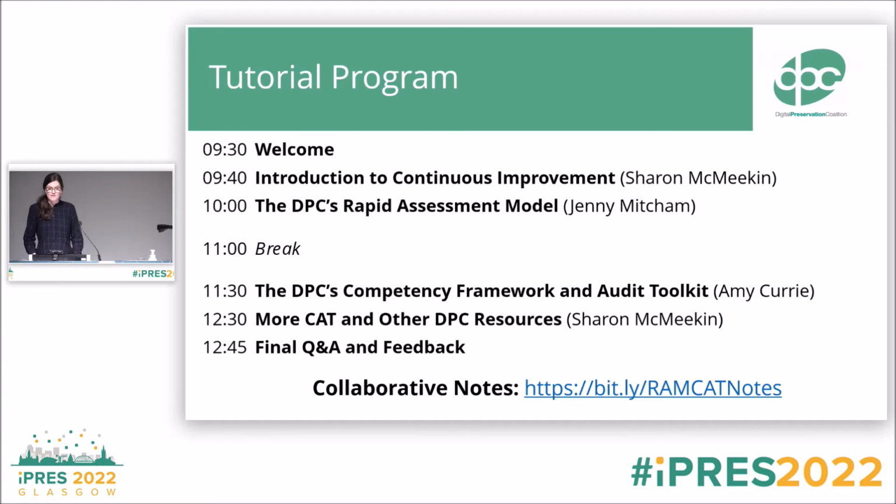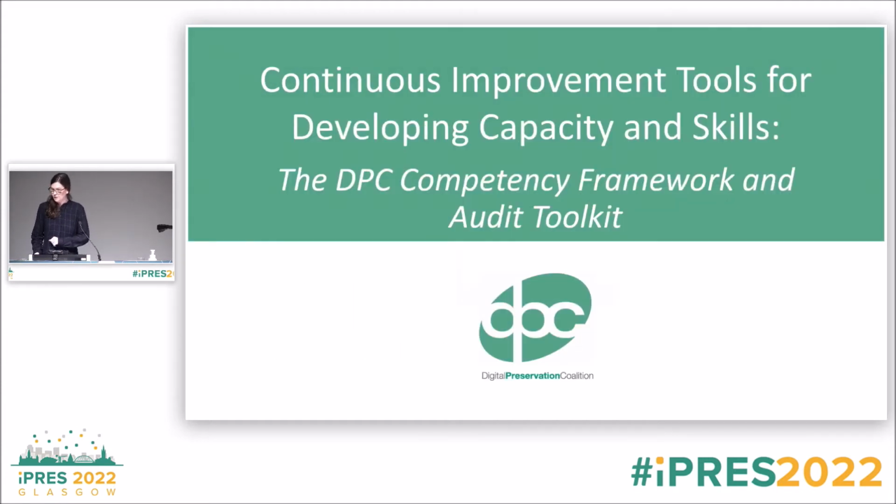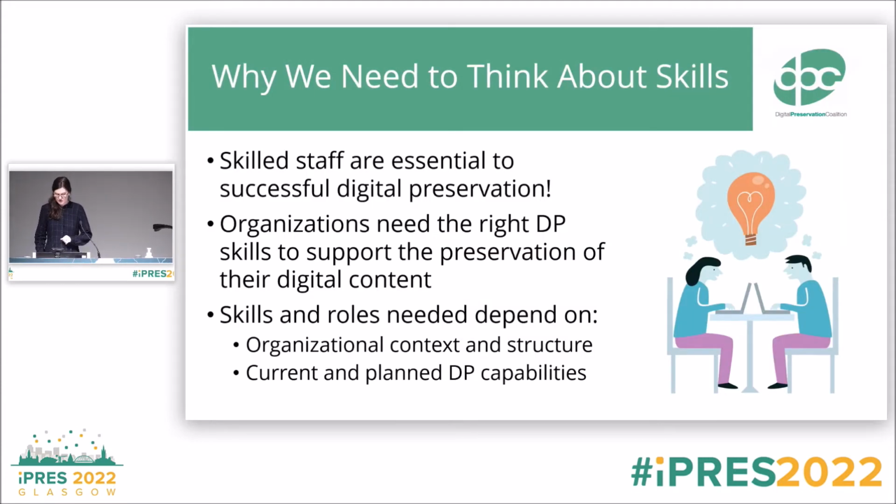Hi, everyone. So just to start, we're going to echo what Sharon said earlier about none of this works without skilled staff. So it's important to think about skills, and they're essential to implement and support digital preservation. And aligning with RAM, they help with building that organizational capacity.